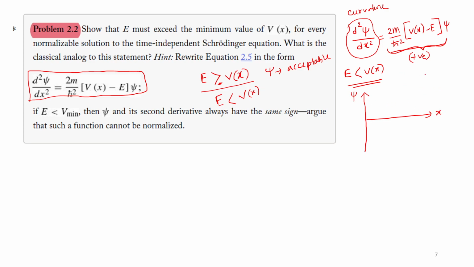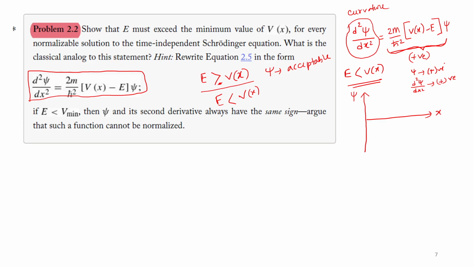These are all with respect to x only, so they are in one dimension. Suppose my psi is positive. Then what should be the sign of d2 psi by dx square? Positive.